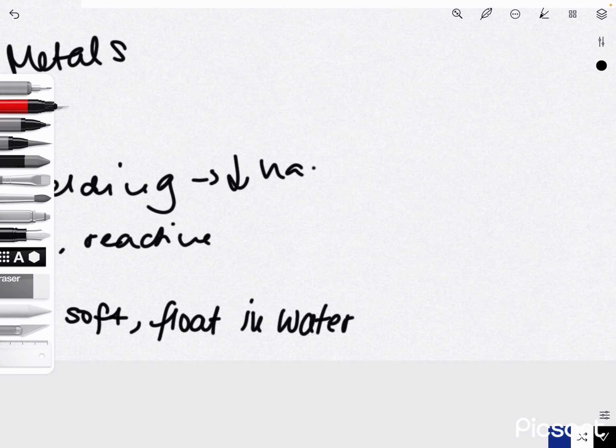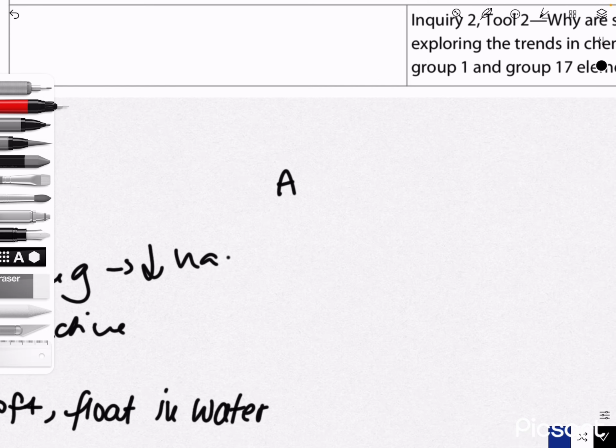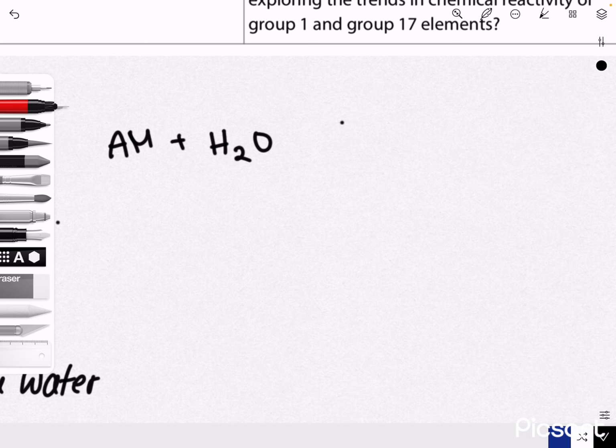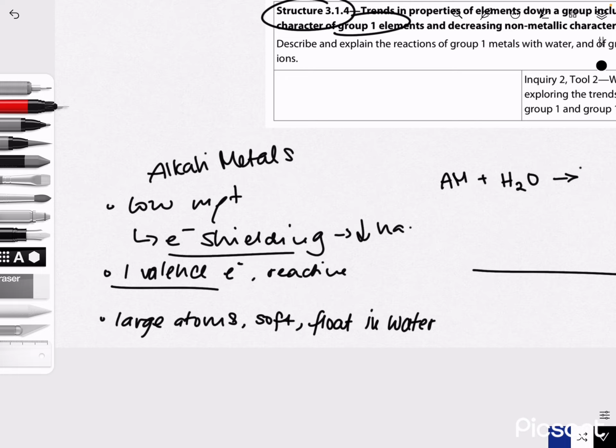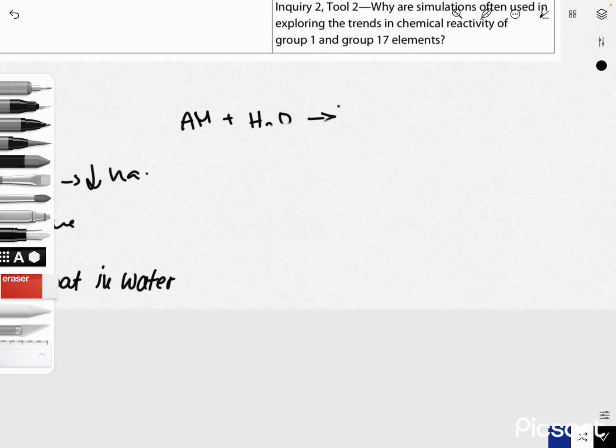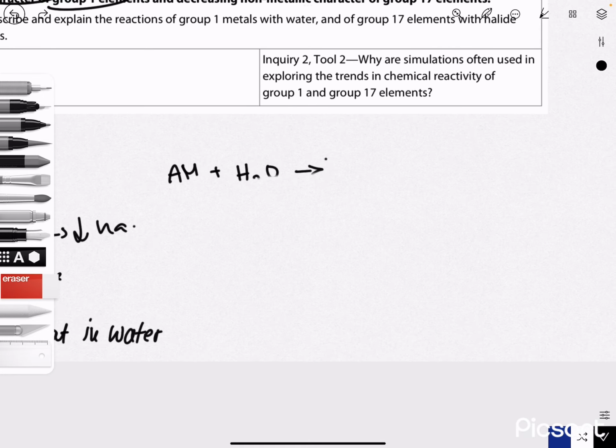So if you were to react an alkali metal with, say, water, this would be quite a violent reaction, and it will get more violent the further down the group you go, due to, as we said earlier, electron shielding and less nuclear charge down the group, as energy levels are further away from the nucleus.